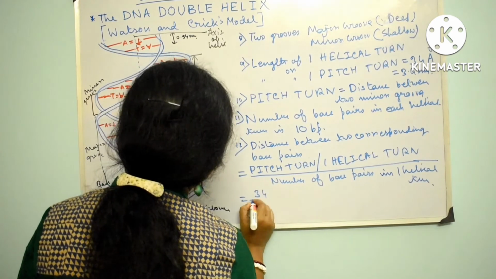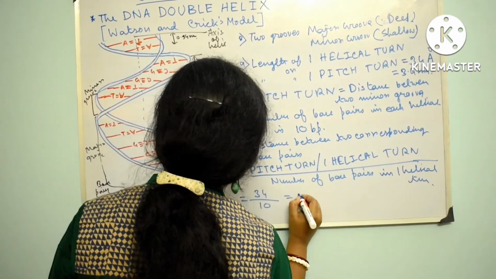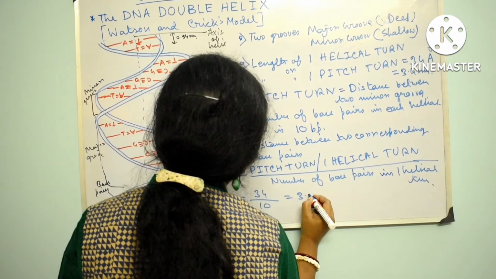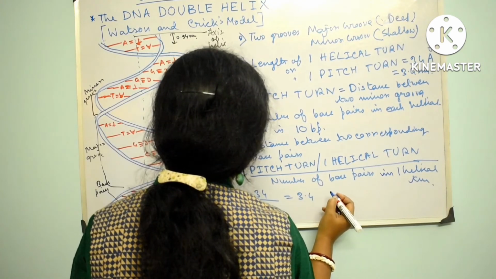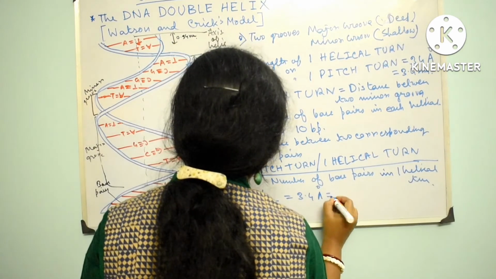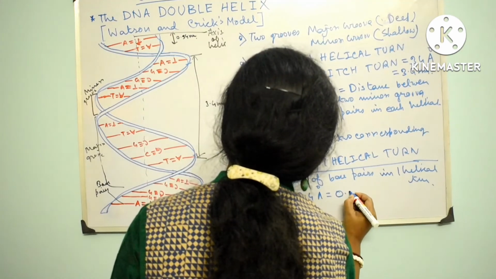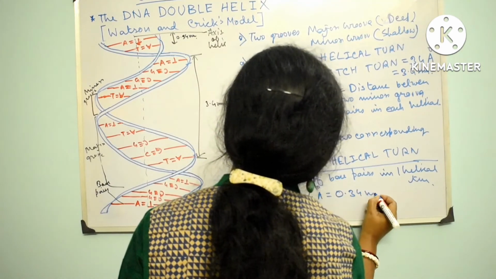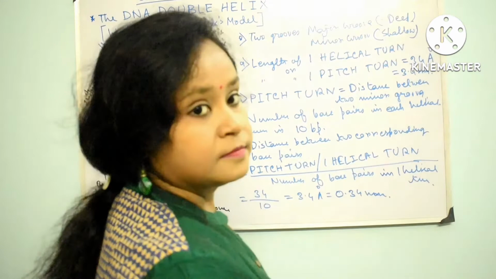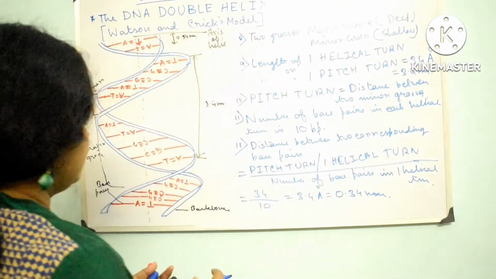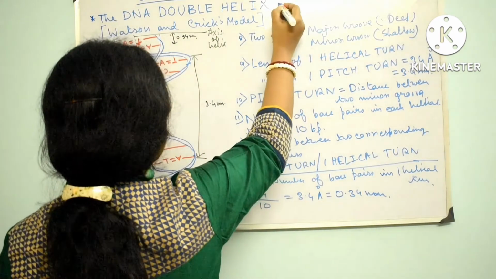So 34 divided by 10 is 3.4 angstrom, or 0.34 nanometer. Is it clear? Then come to the next and last point.